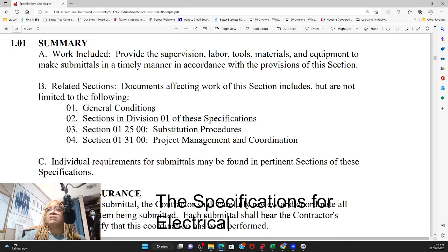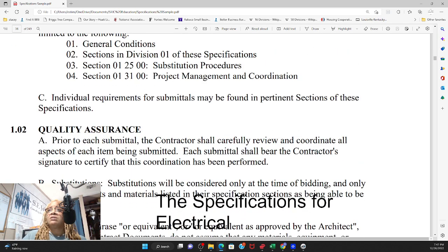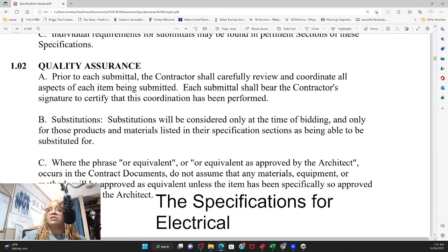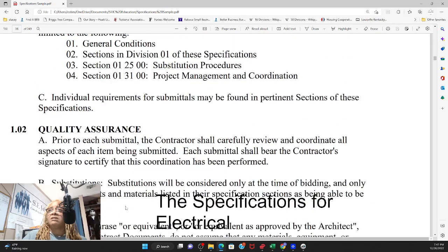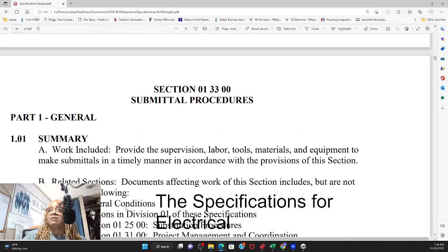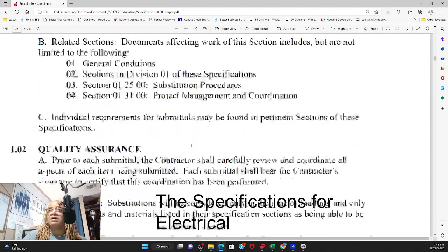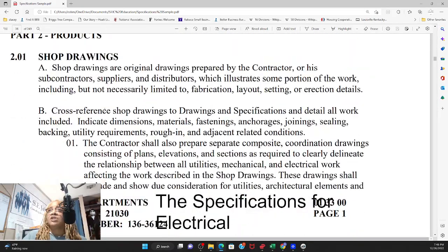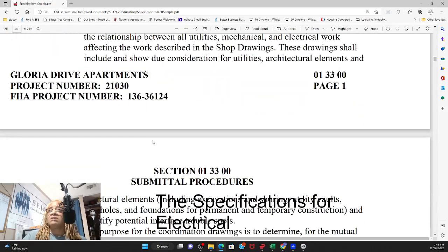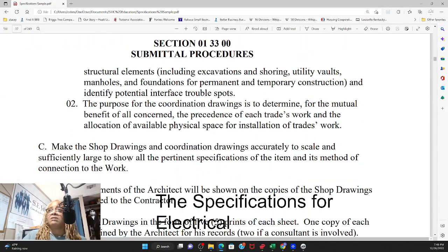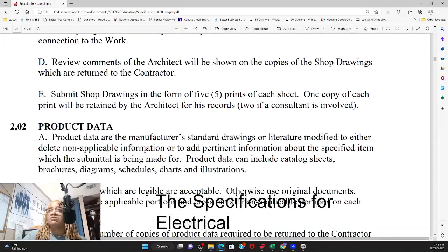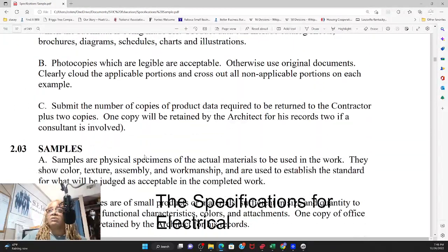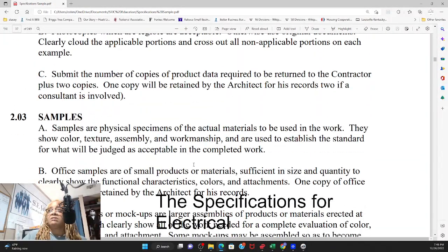Okay, division, related, division 01, specifications. Okay, prior to each submittal, the contractor shall fully review and coordinate all the aspects of each item being submitted. Okay, shop drawings, and all of the details related to your submittals.